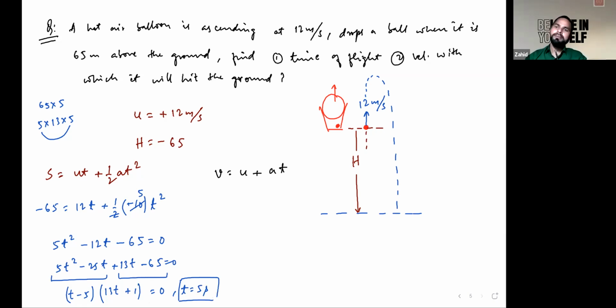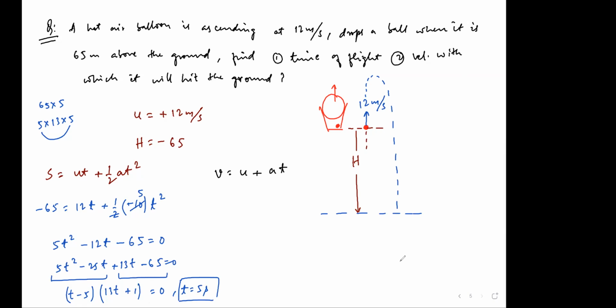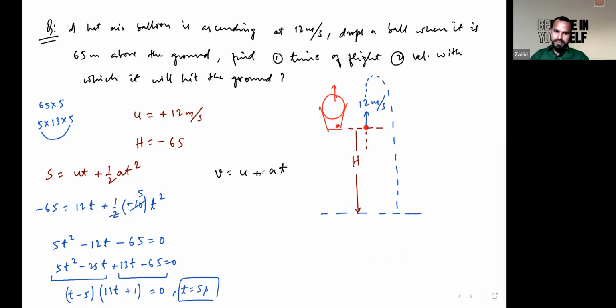Is it clear, Ram? Yes, sir. Now put this value of time in the first equation. You have initial velocity, acceleration, and time.